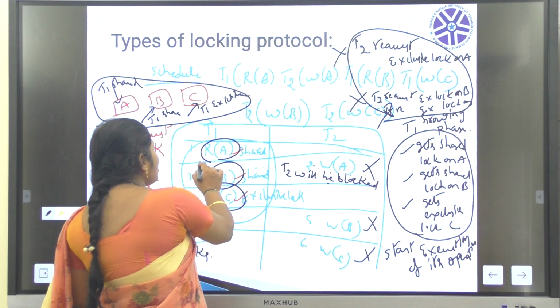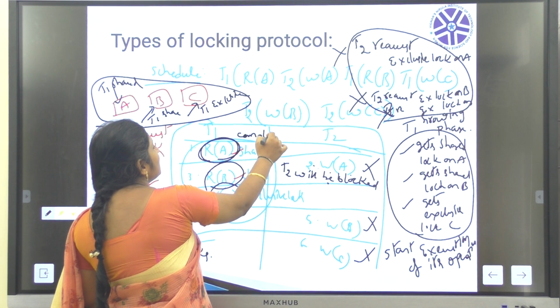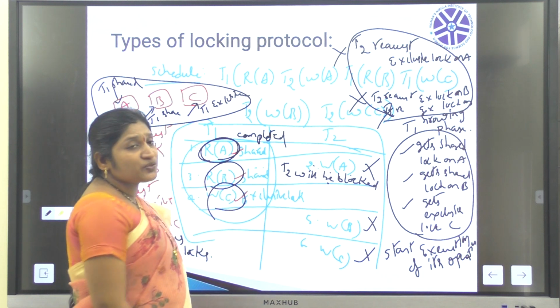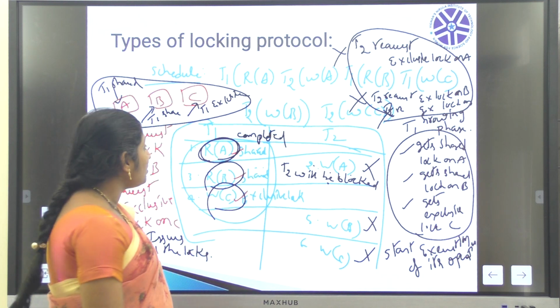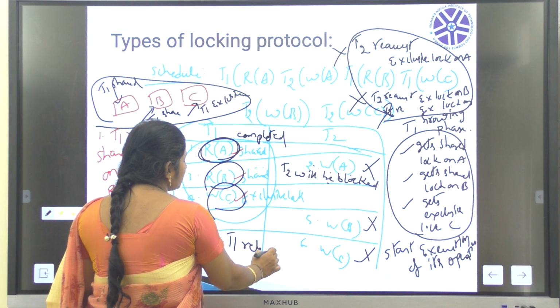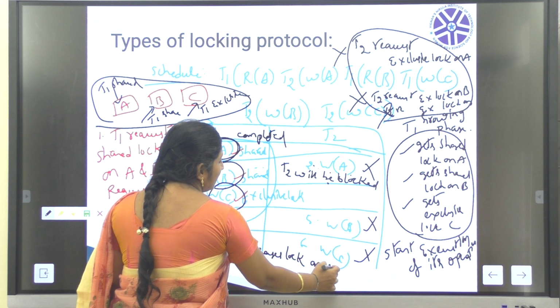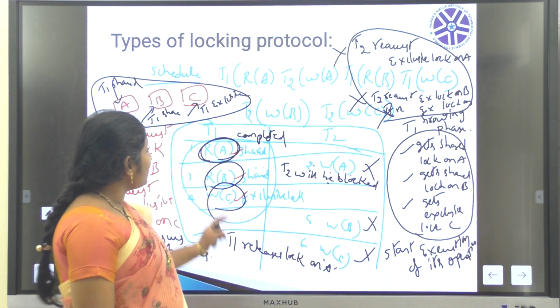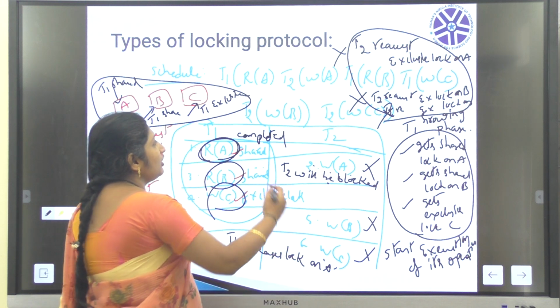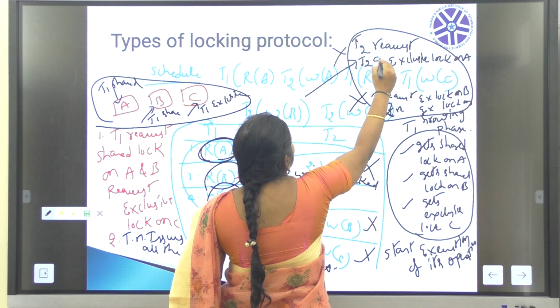So whenever R of A has been completed, what will be done? T1 releases lock on A. Once T1 releases the lock on A, that particular lock will be granted to T2.